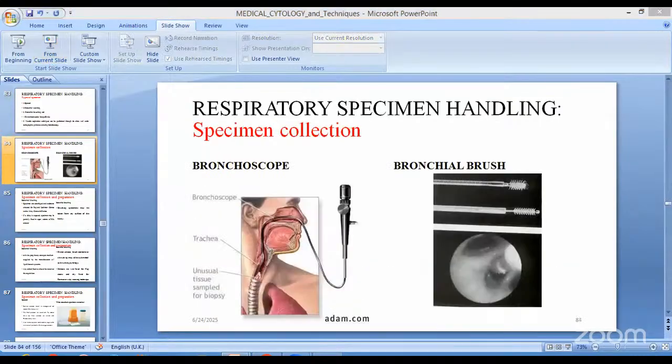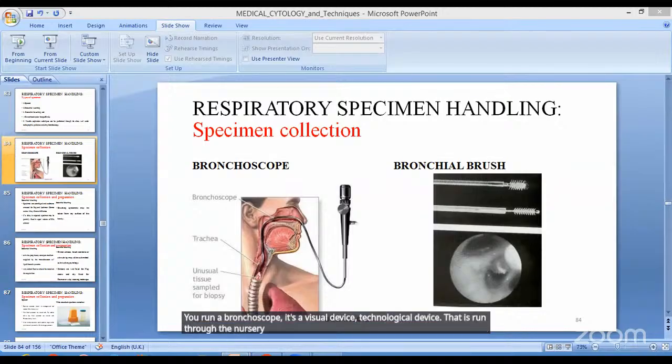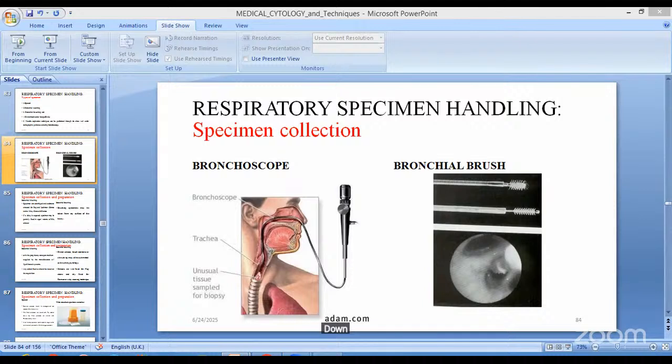Are you still seeing the slide I'm projecting? You can use a bronchoscope. It's a visual, technological device that is run through the nostril into the trachea, down into the lower respiratory tract for sampling.